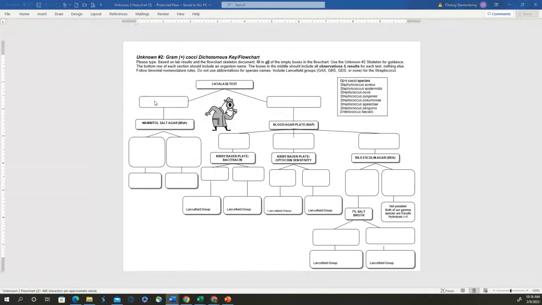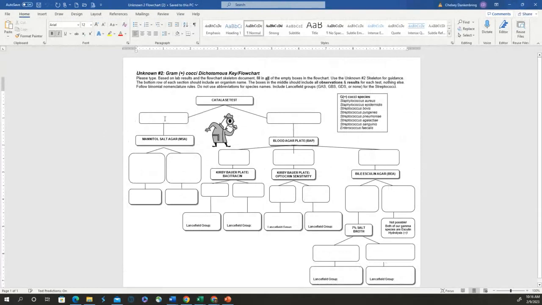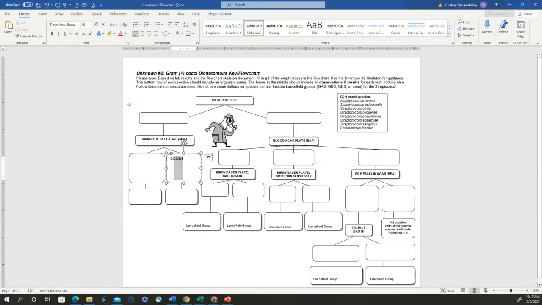That will let you type directly on the flowchart, because as you can see, there are text boxes. So you can just type directly in the box. You don't have to worry about adding your own text boxes. This should be much easier to fill out.